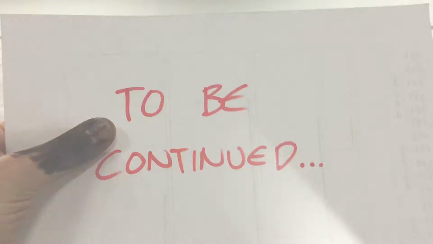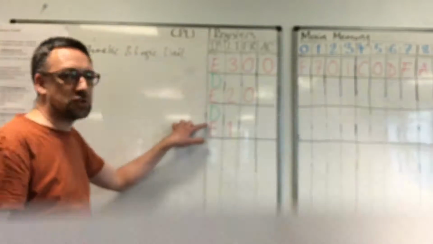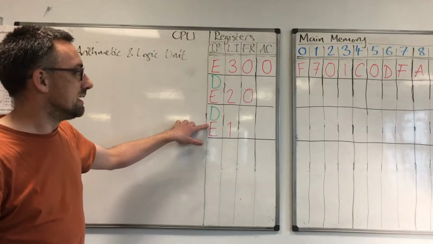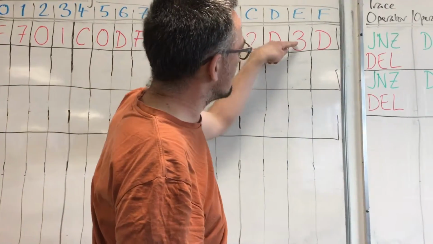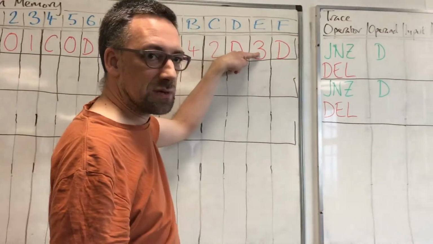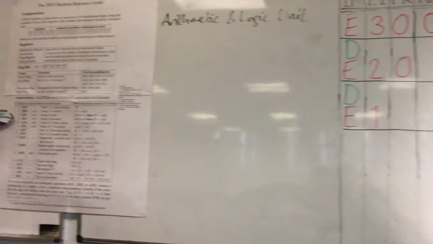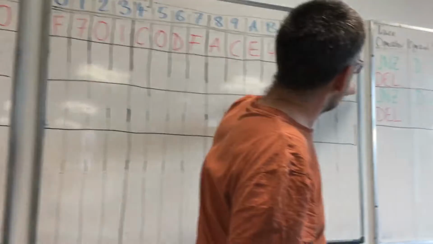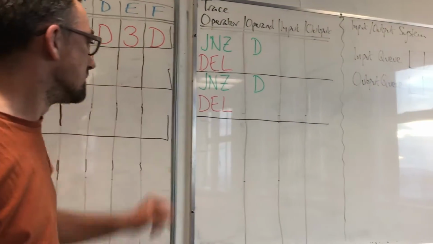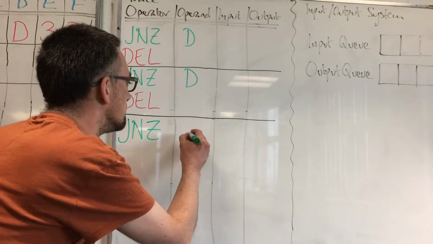So we fetch that from just after the opcode, and we see that the operand is D, so the instruction is jump if not 0 to D.